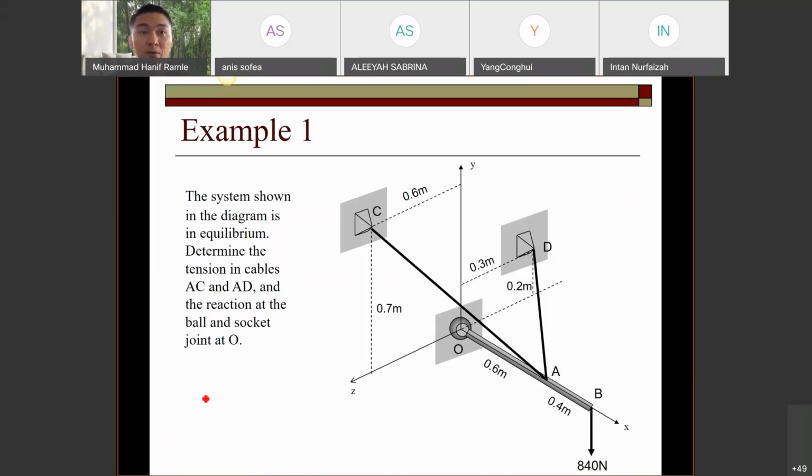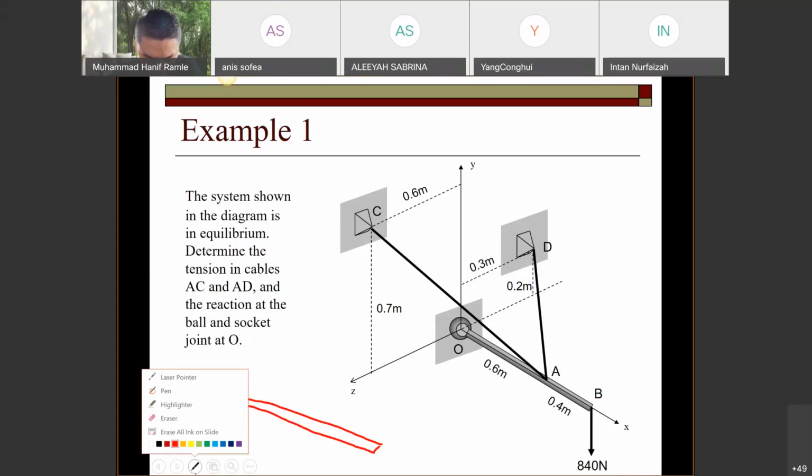Then you have to determine all the external forces, internal forces, the unknown value of reaction, and also the cable, TAC and TAD. So this is a basic thing. You have to draw the OAB member first, like this, for example. And then you have to put all the internal and external forces.